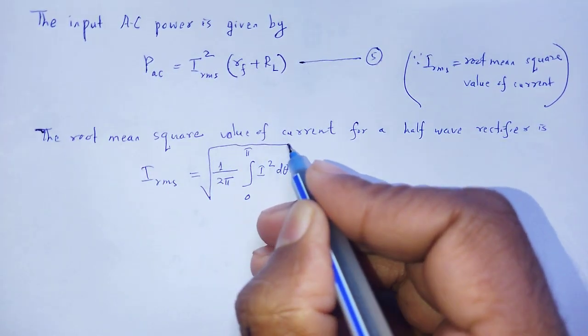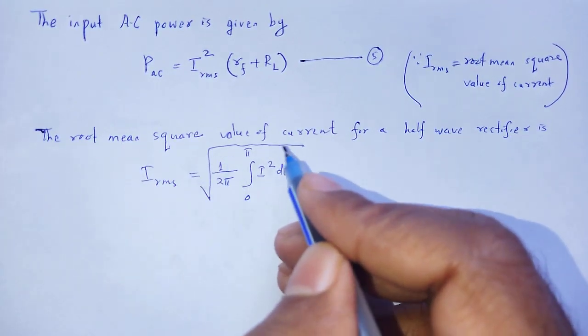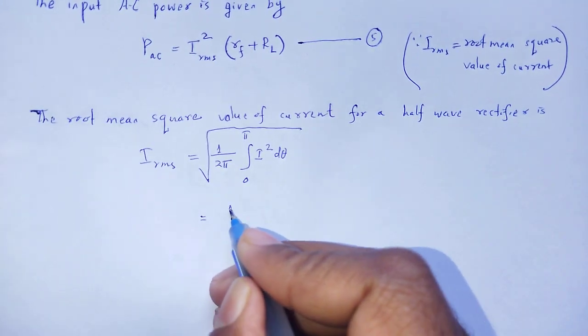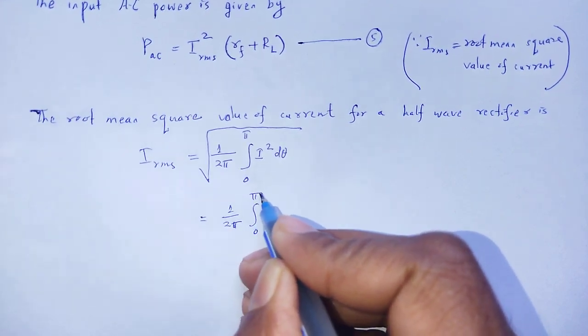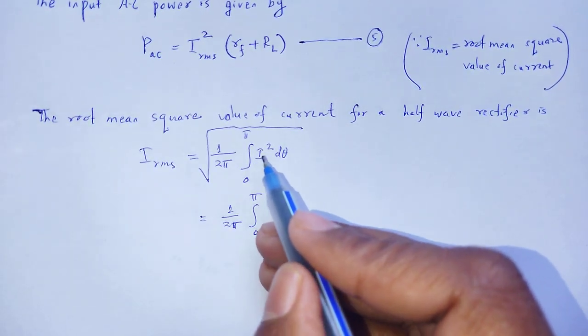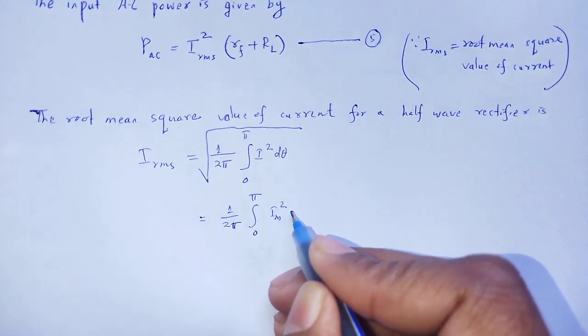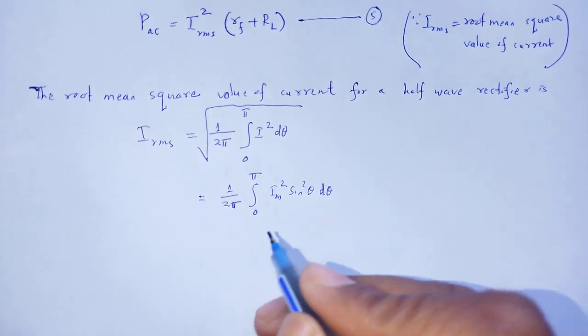So I RMS is equal to the square root of 1 by 2 pi integration over 0 to pi, with the instantaneous current as I m square sin square theta d theta.